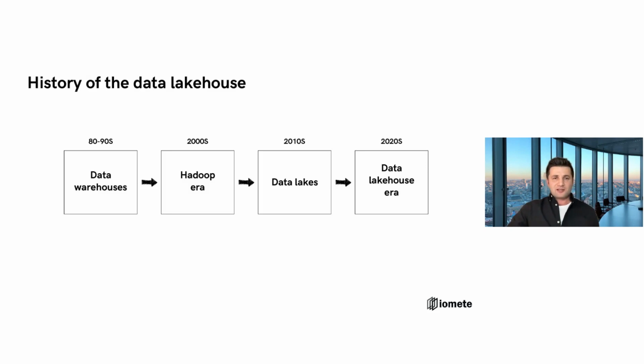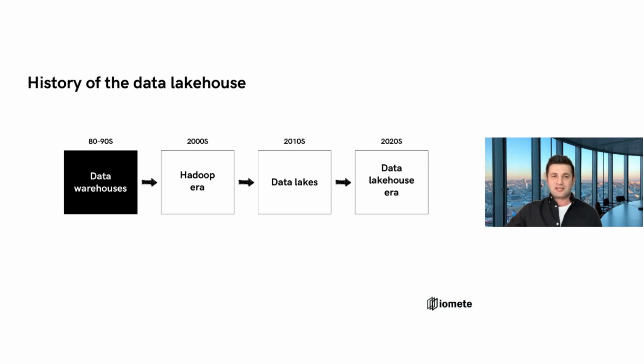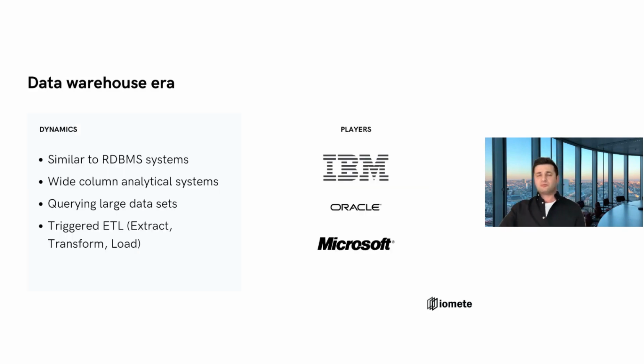With that said, let's start our journey through the history, and we will start with the well-known data warehouse technologies. That is pretty familiar to us, because traditional data warehouses have a lot of similarities with traditional operational RDBMS systems like MySQL, Postgres, etc. The biggest difference is that analytical data warehouse systems are focused on analytical queries.